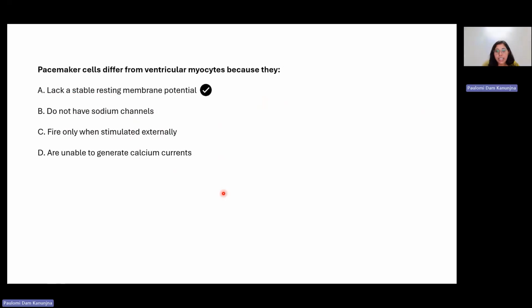So the answer is they lack a stable resting membrane potential. Okay, what does it mean?